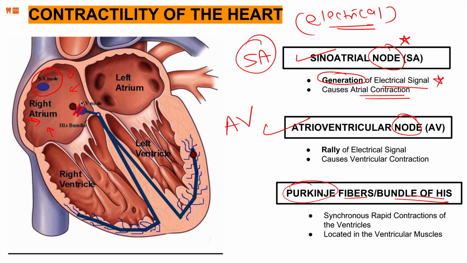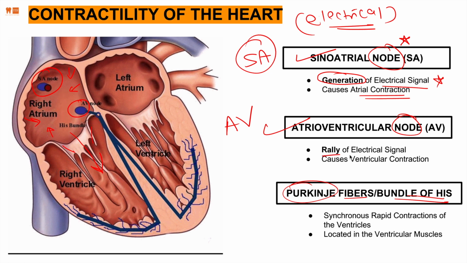Okay, now what happens when they contract? Well, we have this valve opening up, all the blood flowing down, ventricles filling up. Now what happens when ventricles fill up? They need to contract, they need to get rid of the blood. That's when AV node is activated, and that AV node's location is right here between atrium and ventricles.